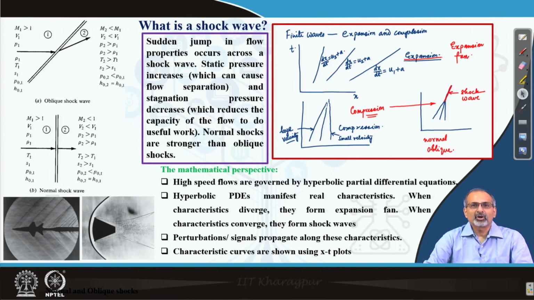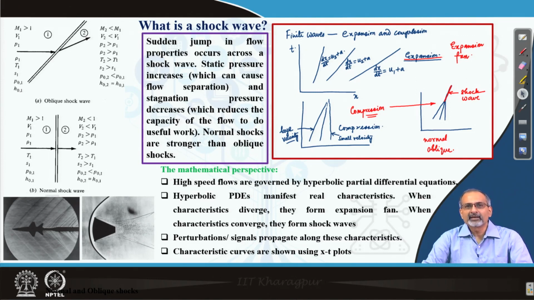At the top middle portion, we have tried defining a shock wave in the box, followed by some sketches on the top right where we have tried representing the formation of shock waves through coalescing of characteristics in the flow field.